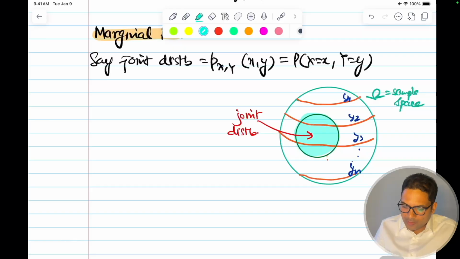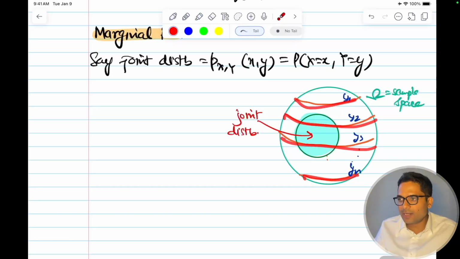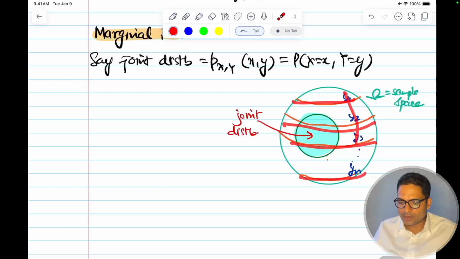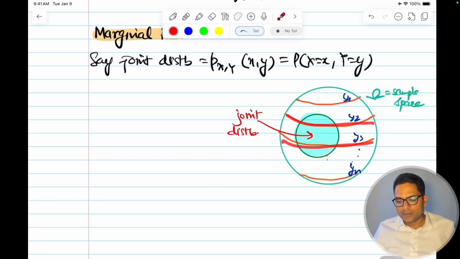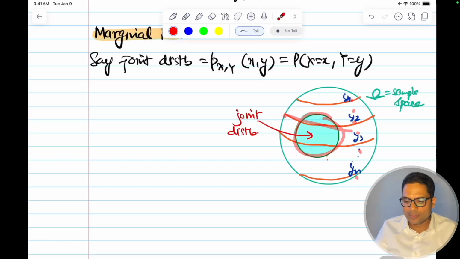So remember, the complete sample space is divided by all the possible values of y. The complete sample space is divided into multiple mutually exclusive partitions by all the possible values of y, and this is my joint probability distribution.